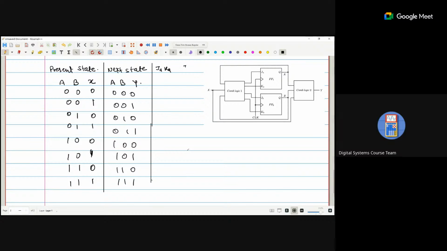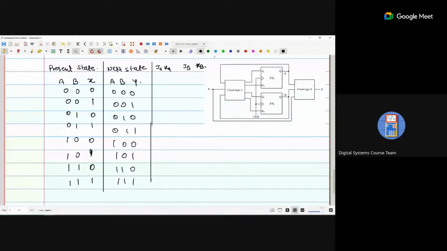J, K, J_B, K_B. So if it is 0, 0, that means it becomes 0 cross.